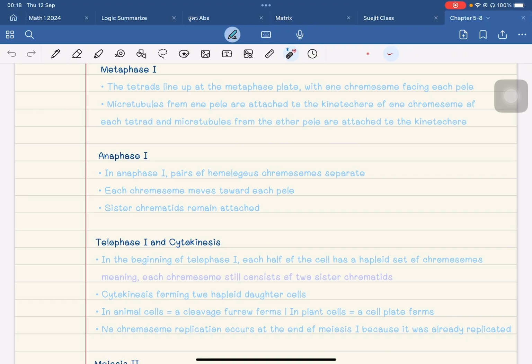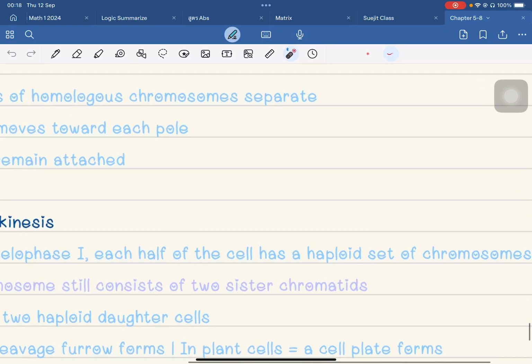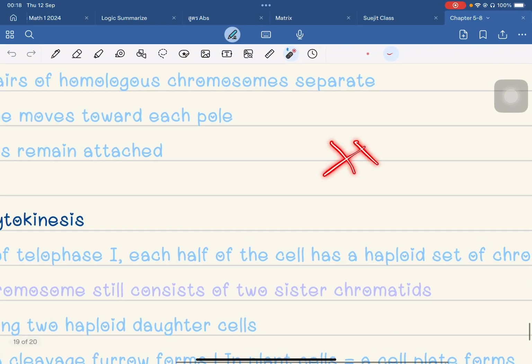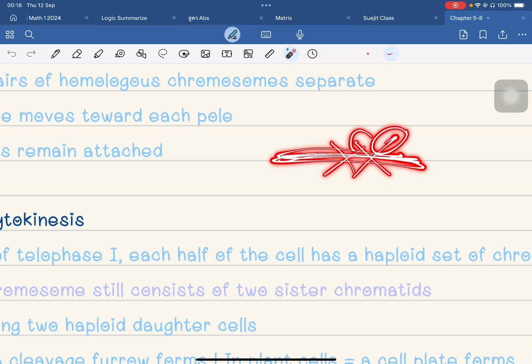In the beginning of telophase 1, each half of the cell has a haploid set of chromosomes, meaning that each chromosome still consists of two sister chromatids. They're having two, right? That means that when they get separated, they're still having four.